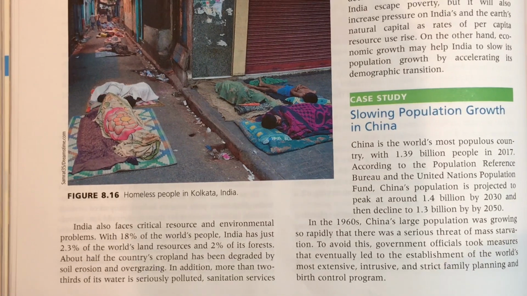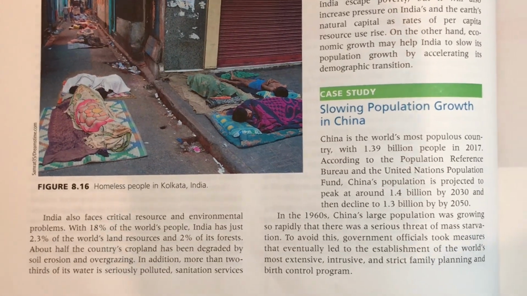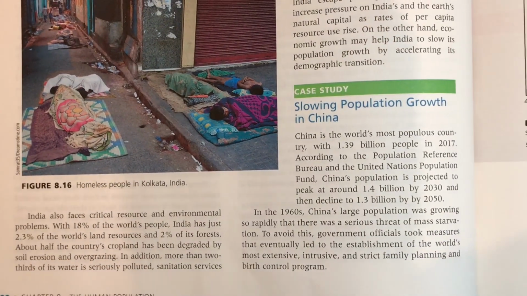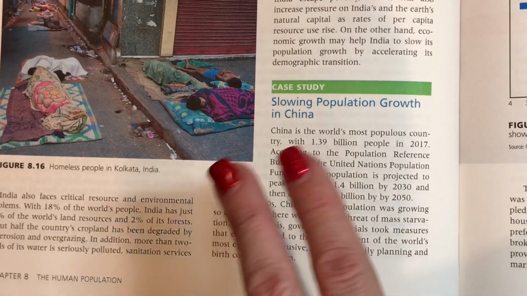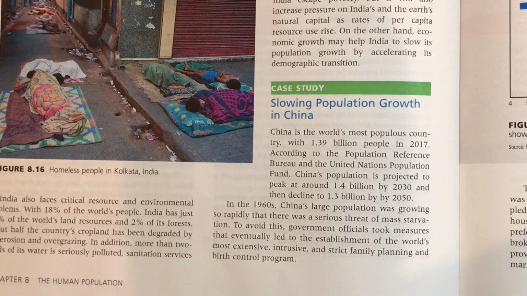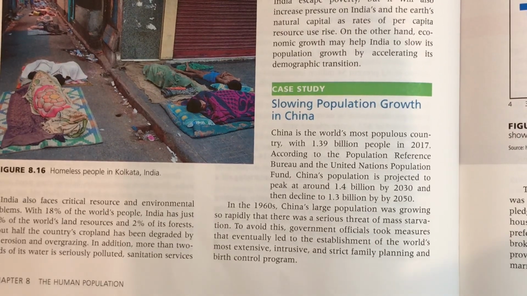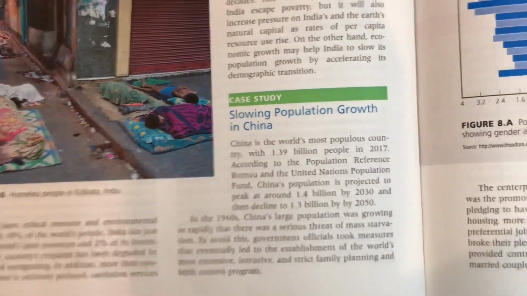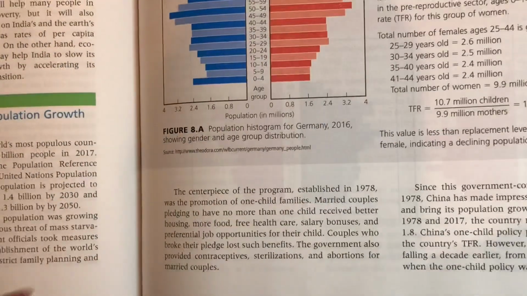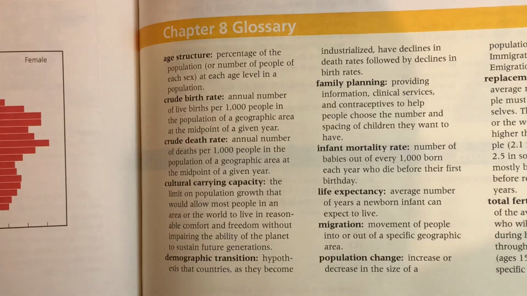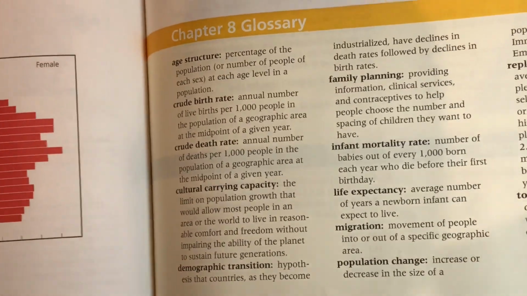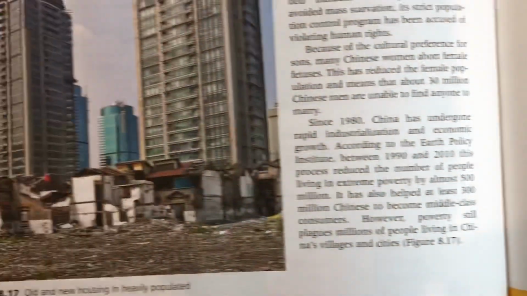Let's see, what is the world's most populous country? China. And in class, we've already talked about the change in the policy from the one-child policy to now the two-child policy. And we talked about unintended consequences. If you do need to remind yourself of that, that is here in the textbook on pages 220 and 221, and then also 222.